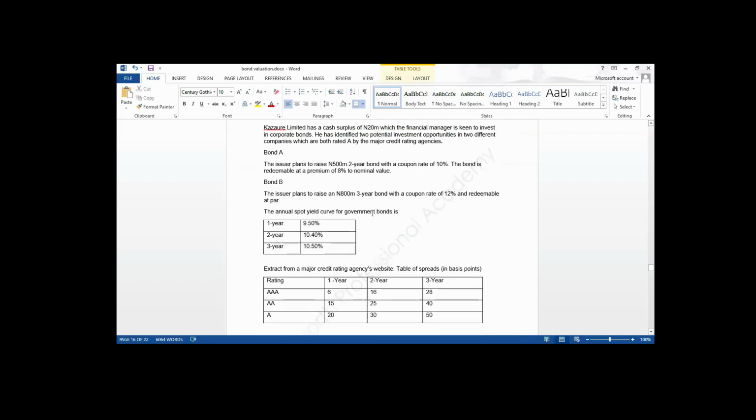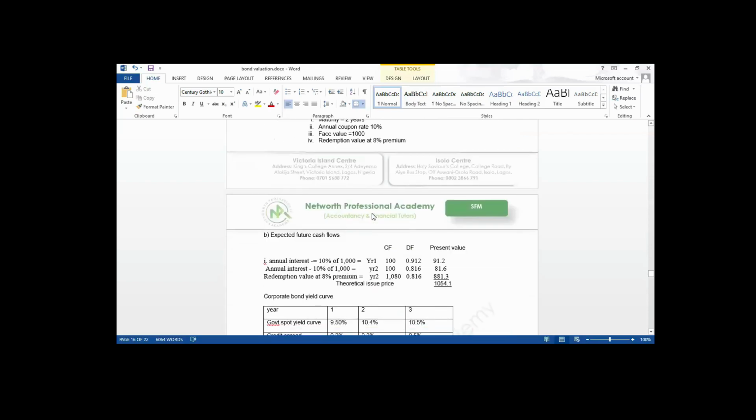For bond A, the price per one bond is 1,054 naira. How many can the company buy with 20 million?